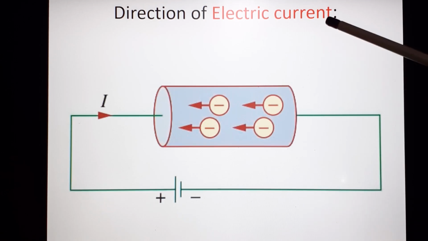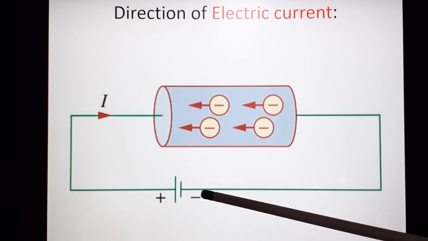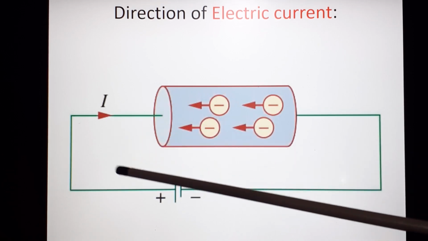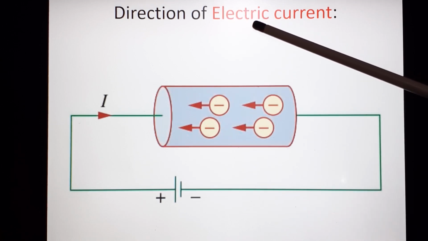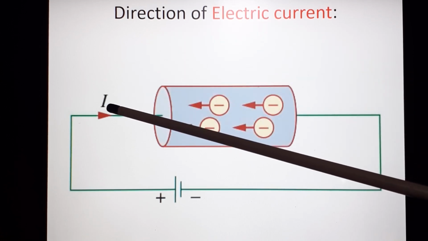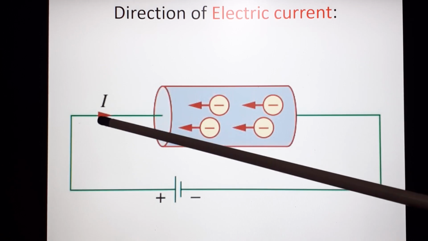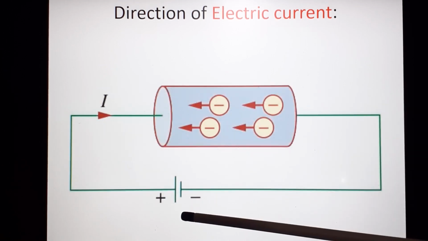Now let's talk about the direction of current. Electrons will definitely flow from negatively charged terminal to positively charged terminal. When we talk about electric current, we are dealing only with conventional current. So symbolically, the conventional current is said to flow from positive to negative. What is conventional current?